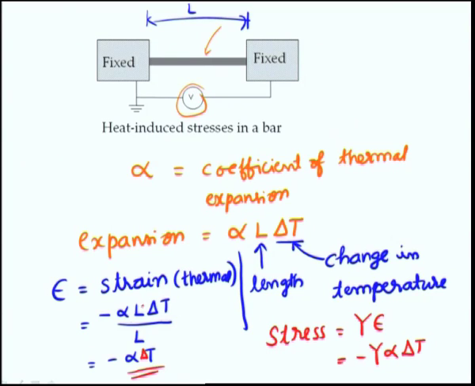So, we have only cancelled L here, that is alpha delta T, and the stress is minus Young's modulus times alpha times delta T. Remember that we are using Y for Young's modulus, which is the proportionality constant in the stress strain relationship, with stress sigma and strain epsilon related by Y.